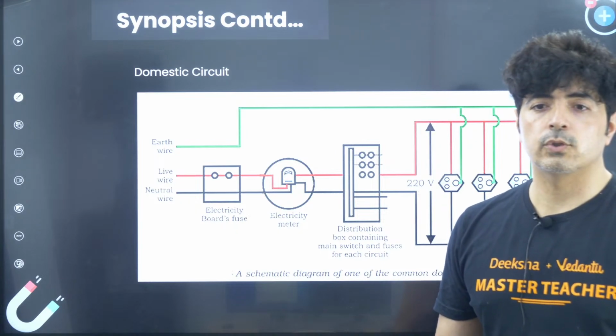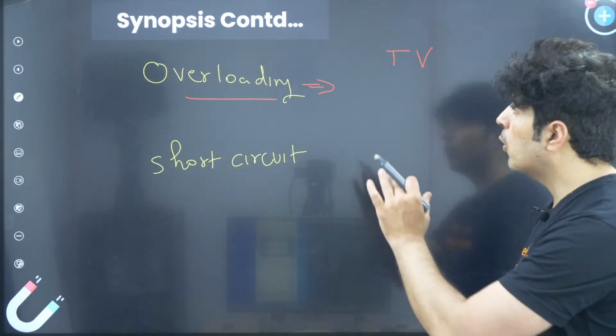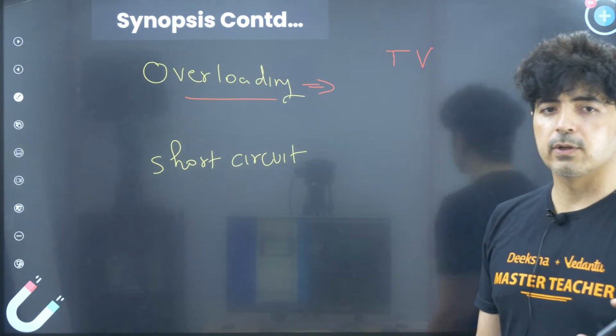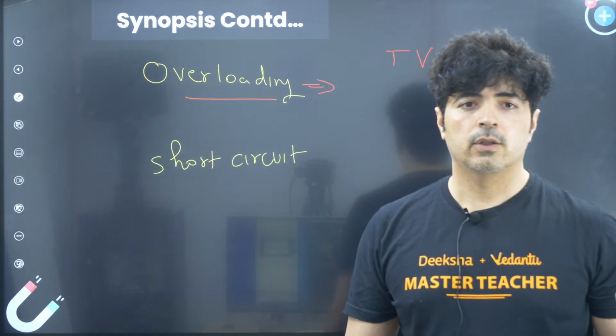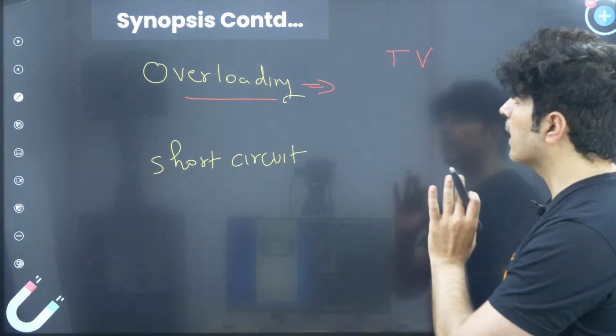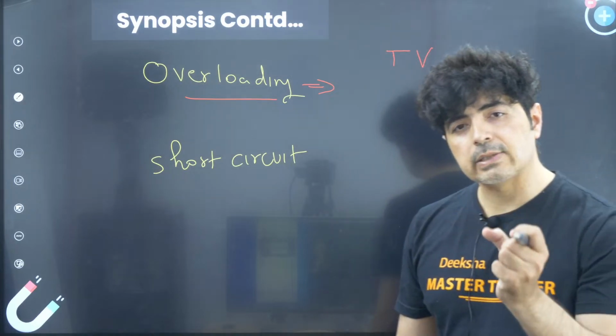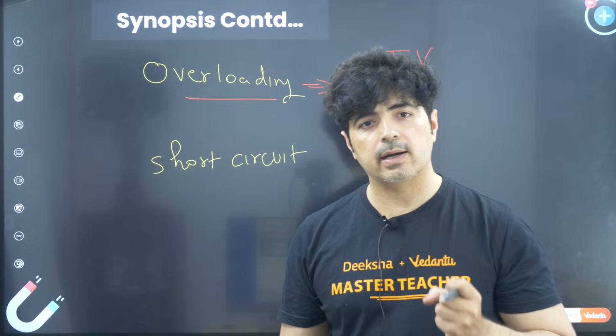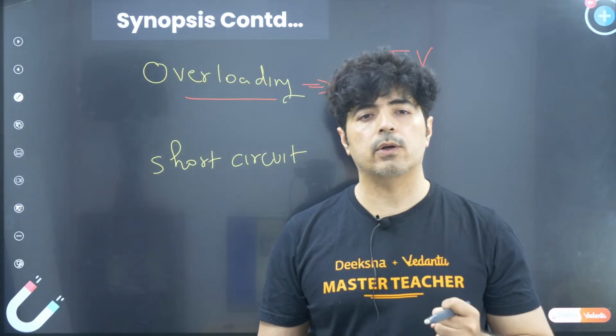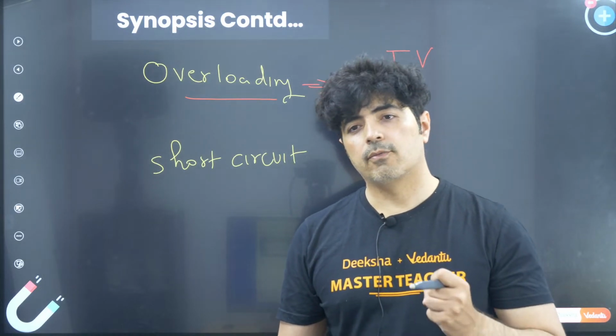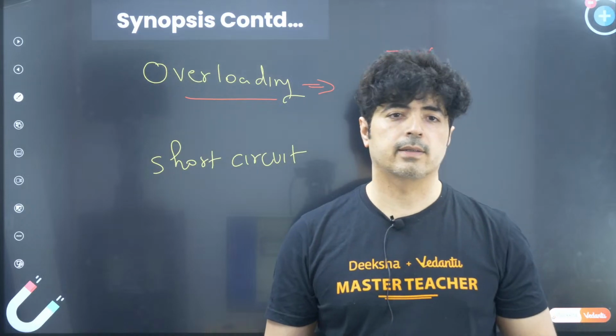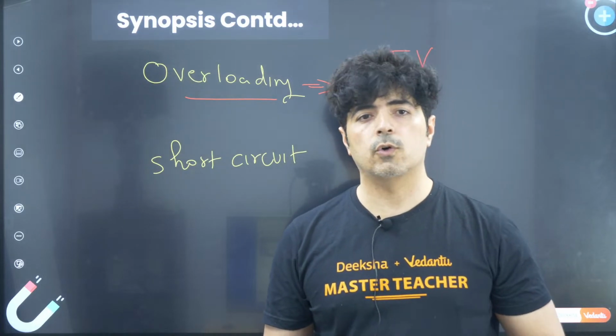This particular thing is called overloading. I hope it's absolutely clear to everybody. So we have an appliance that takes extra current, and that extra current causes a fire in the live wire. That is overloading.